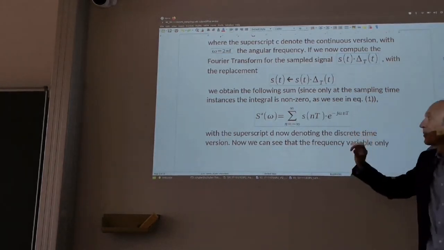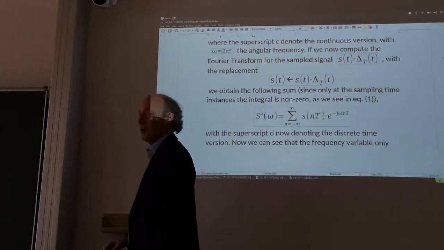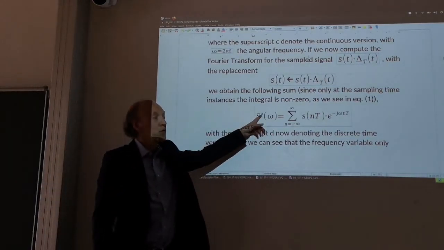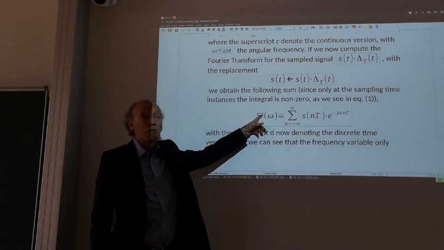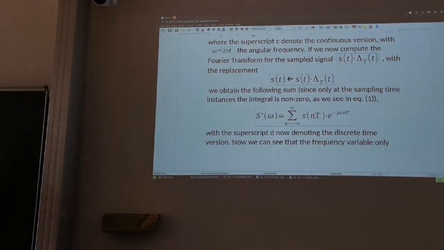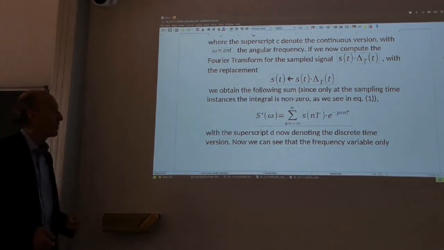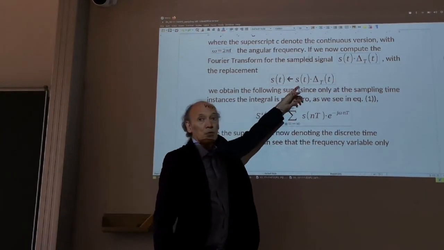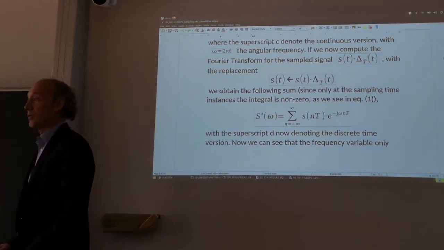So this comes from sampling. And this is now the Fourier transform for the discrete time version, D for discrete. So this is basically the discrete time Fourier transform. I replaced our continuous version with the sampled version and applied the Fourier transform.